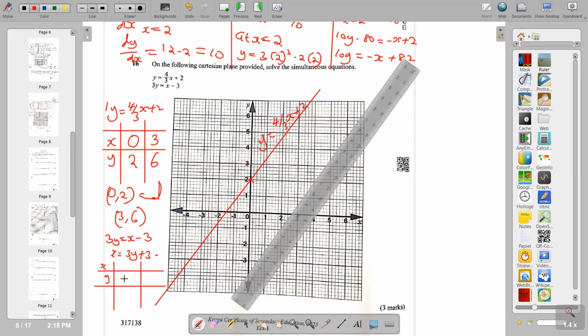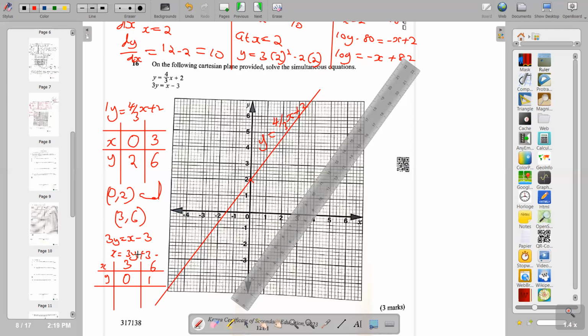So maybe you can substitute, you're going to find the value of x when y is equal to 1. Going to find this one is equal to 6, because also the values of x that we're going to get here must be between -4 and 6, so that you're able now to plot.